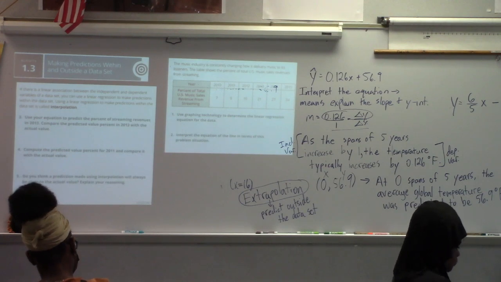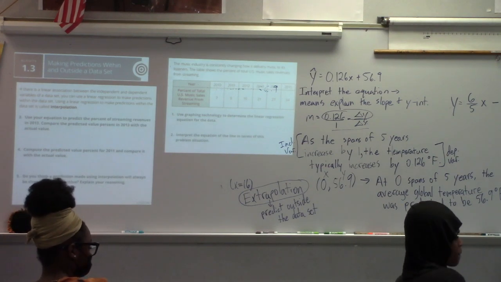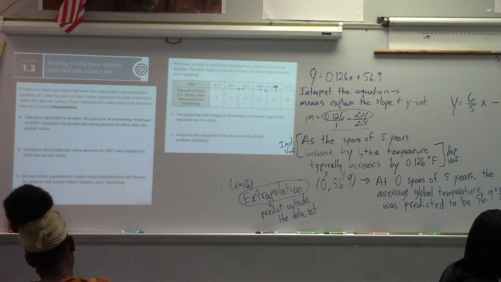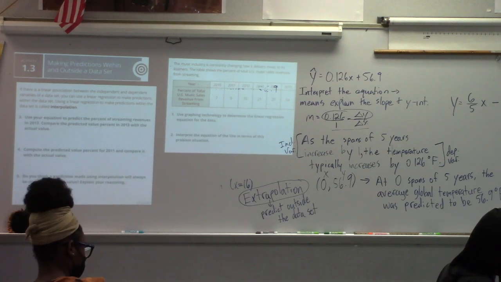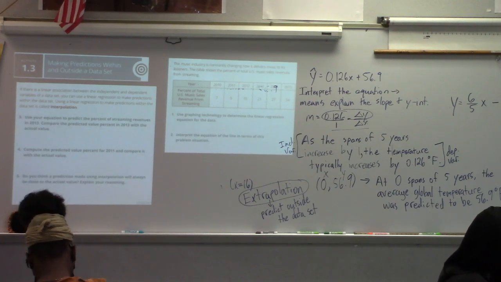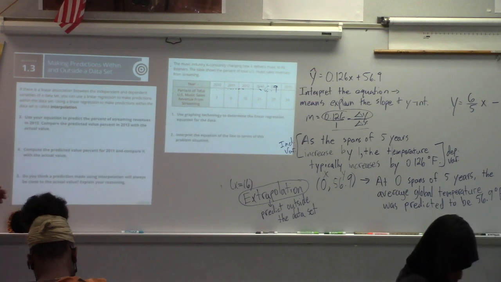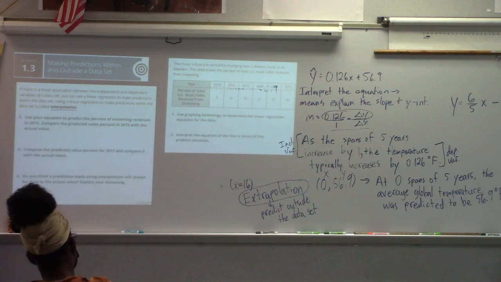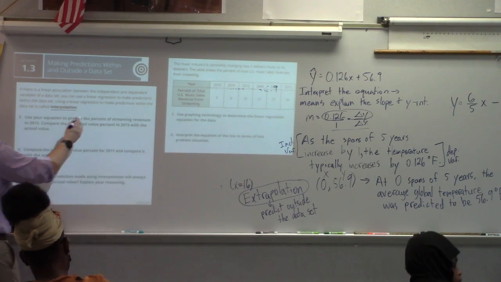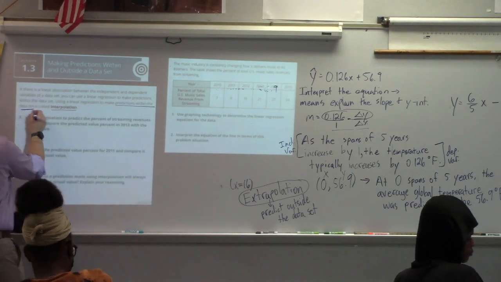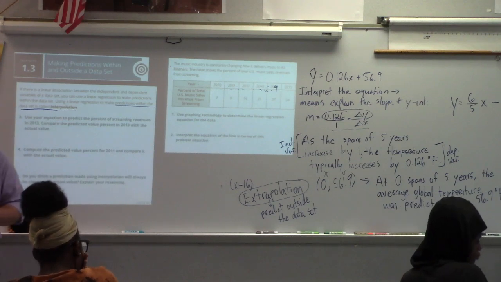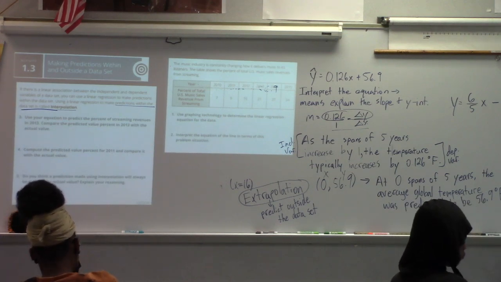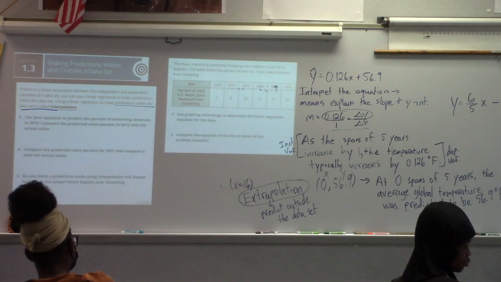I need you paying attention. So one of y'all get up and get it, because don't use your feet to move it, because that's going to scratch the surface. Okay. Notice it's interpolation when we're making predictions within the data set. Predictions within the data set is called interpolation.